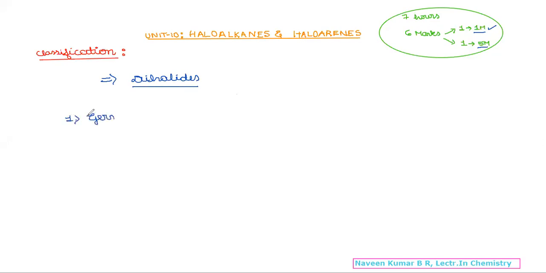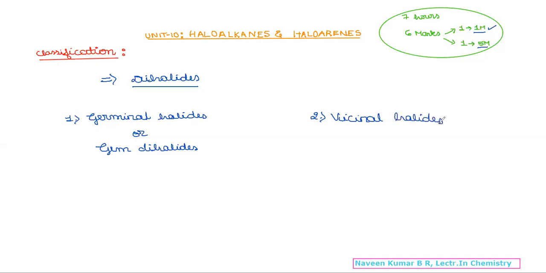It is germinal halides, also called as gem dihalides. And another type we have is vicinal halides, also called as vic dihalides.